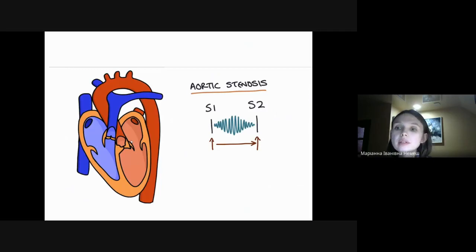Mostly this happens due to the difficulty of the left ventricle to pump blood to the aorta, due to the stiffness of the aortic valves and their inability to open normally during systole. So let us hear that sound.